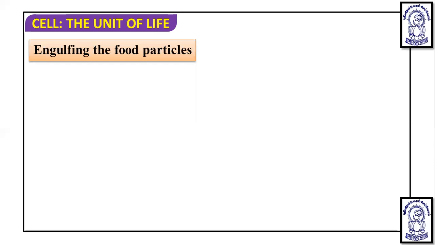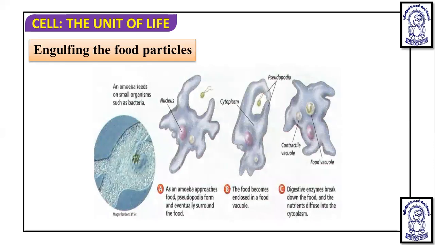Engulfing of food material is also an important mechanism. Suppose this is an amoeba, a small organism, and it has pseudopodia. The amoeba approaches food and forms pseudopodia around the food particle, eventually surrounding the food, and the food becomes enclosed in a food vacuole.